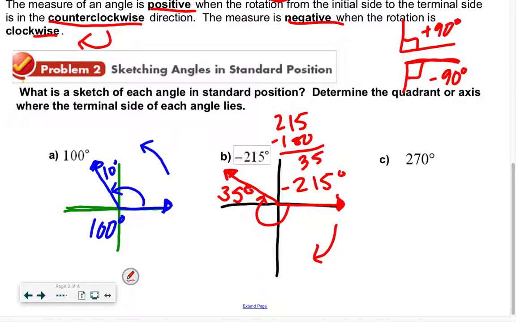So we got our arrow showing negative. We got the big angle, negative 215, and that small angle after 180 is 35 degrees. Questions? You always start with that arrow, with the positive X, like my arrow here? Yeah.